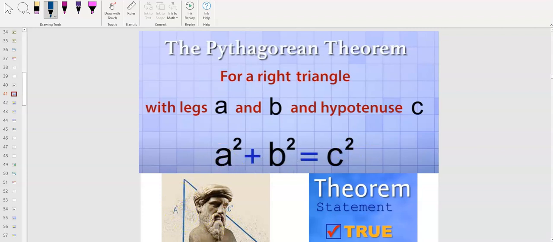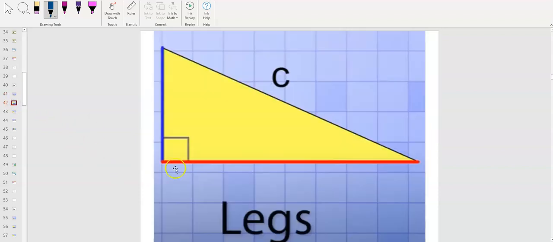They would draw in the sand and use that information to figure this out. A theorem is something that has been proven true based on things that we already know are true. So let's take a deeper look.